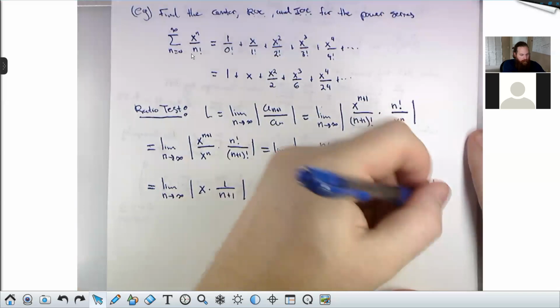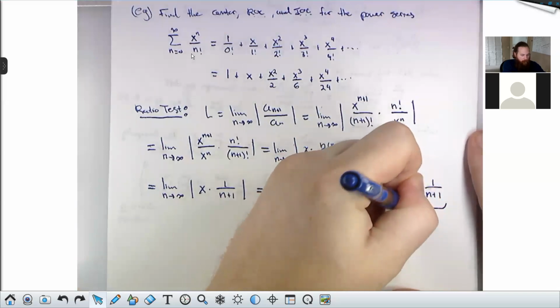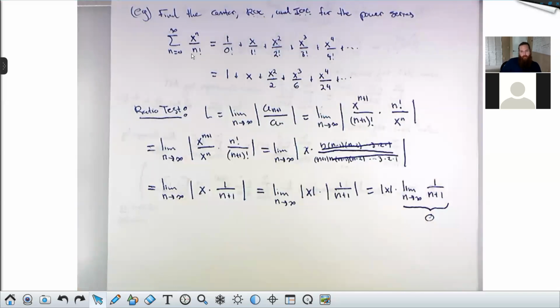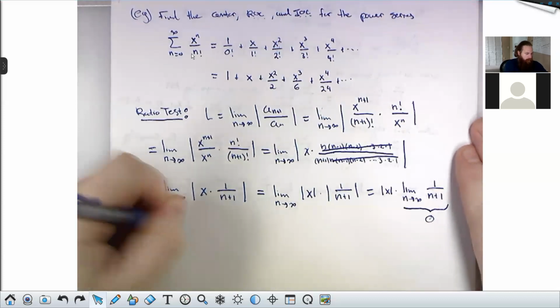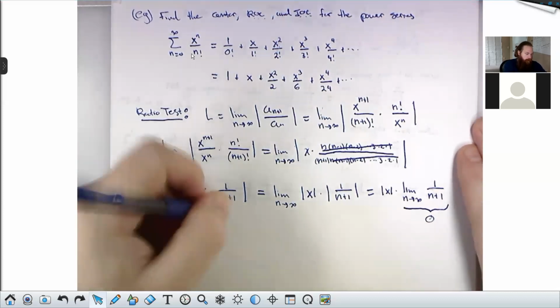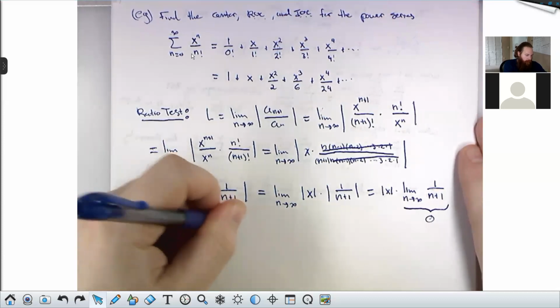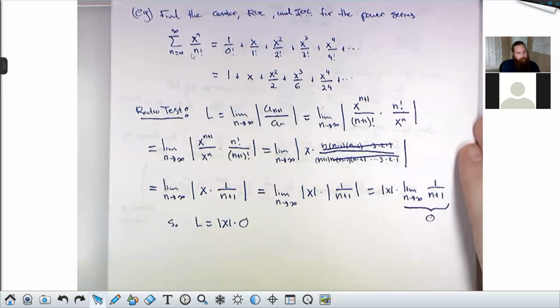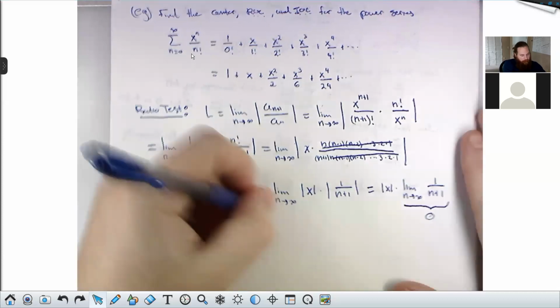And now as n goes to infinity, 1 over n plus 1 goes to 0. So L, the limit from the ratio test, is the absolute value of x times 0, which is 0.